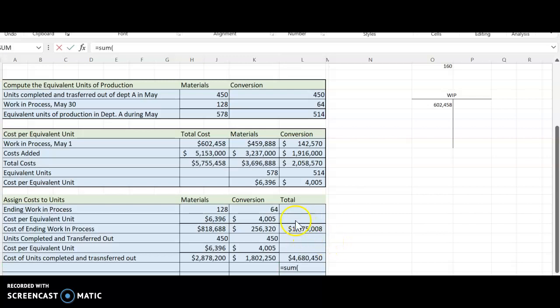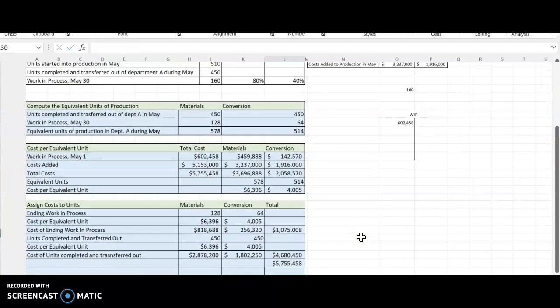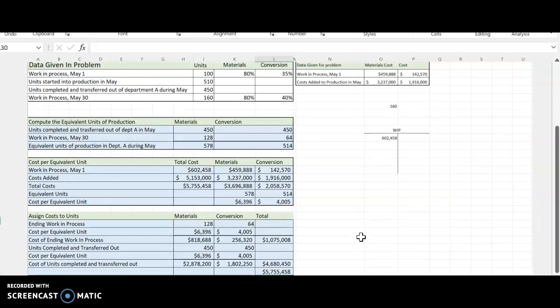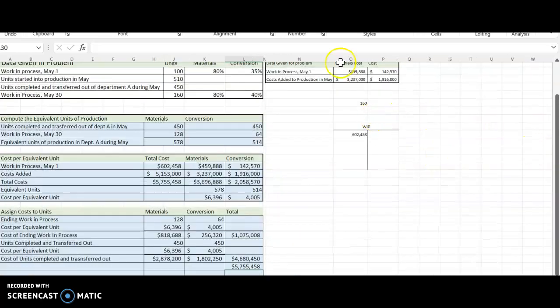Now we have the total dollar amount of the cost of ending work in process and the total dollar amount of the units completed and transferred out. If we add those two together, we will get 5,755,458.